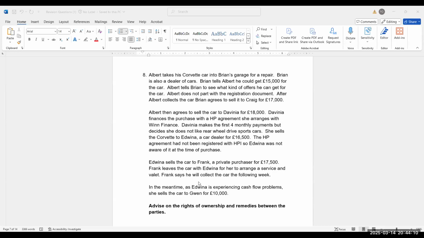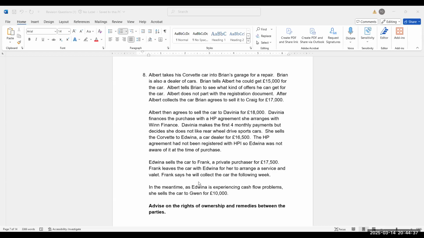So what that means is that there has been a breach of that right and there has been a total failure of consideration because Brian has not been able to deliver the Corvette. So if Craig had paid for the car, he can recover the payment. And if there are additional losses incurred as a result of that failure to deliver the car, Craig is expected to re-enter the market to buy another car.